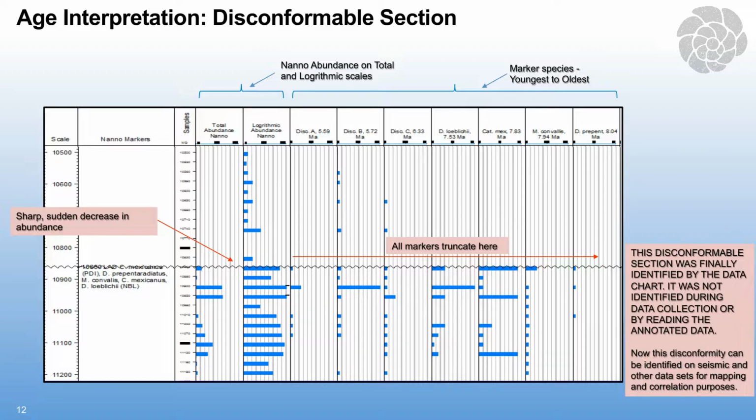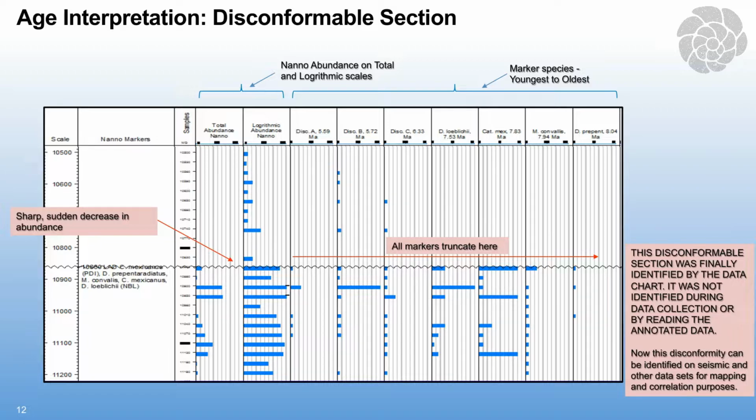So what was interesting about this section was that until it was charted, this truncation of all these markers, this disconformity, wasn't detectable in the biostrat or in any other data set. Just reading through the data, one top was noted.